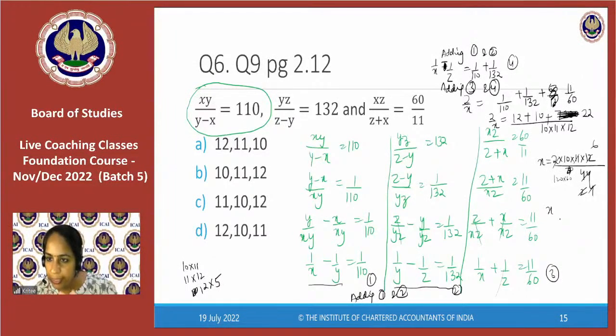There's a slight calculation mistake that happened here with me. I think 120 twice, 2 into 11. 22 into 11. Okay. That's 242 plus 22.